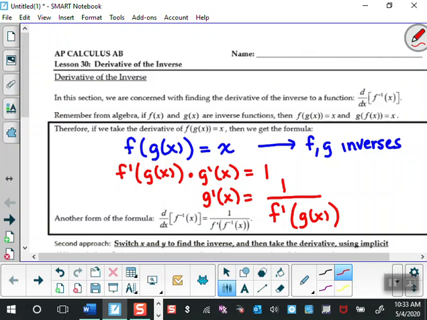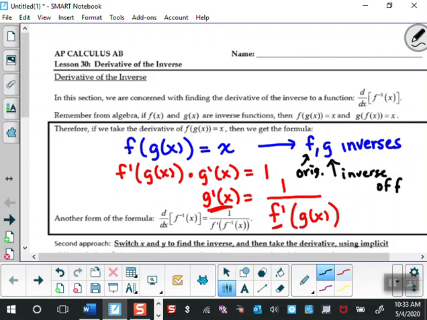So the derivative of the inverse of a function is 1 over the derivative of the original function, if we want to call one of them the original. So let's say we call f the original and g is now the inverse of that.